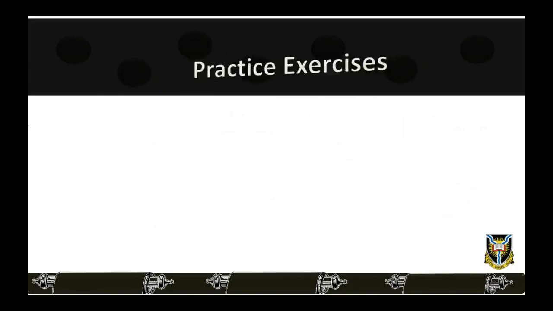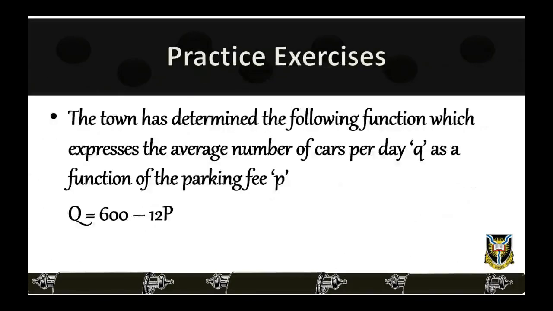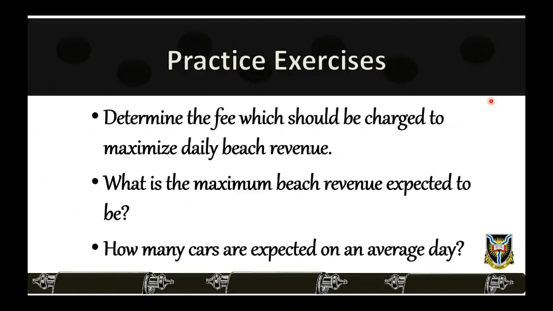The town has determined the following function, which expresses the average number of cars per day, Q, as a function of the parking fee, P. Q equals 600 minus 12P. A. Determine the fee which should be charged to maximize daily beach revenue. B. What is the maximum beach revenue expected to be? C. How many cars are expected on an average day?